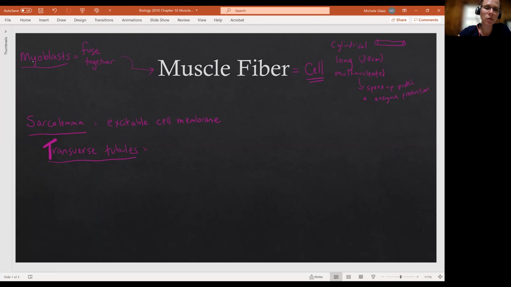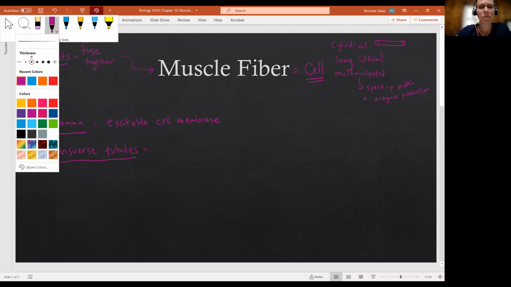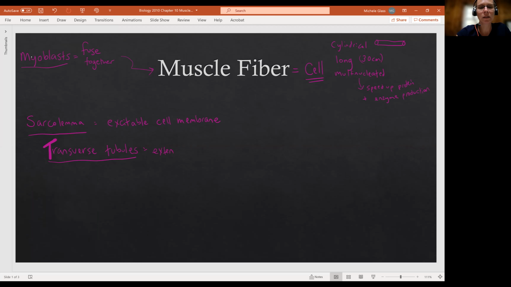The transverse tubule is going to be extensions of sarcolemma into the cell. So this is going to be important because this means that excitable signal, that action potential, is not just going to be on the outside, but it's also going to have a method of going down into the middle of the cell.